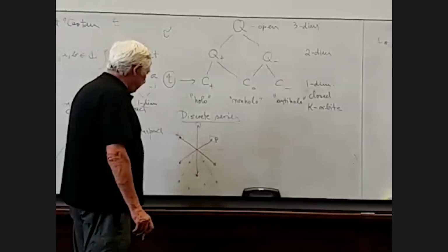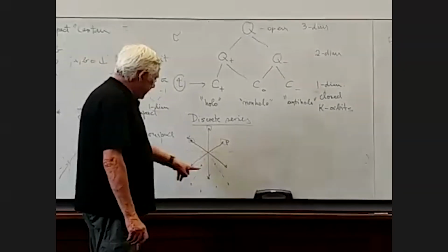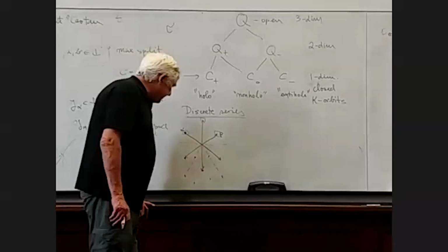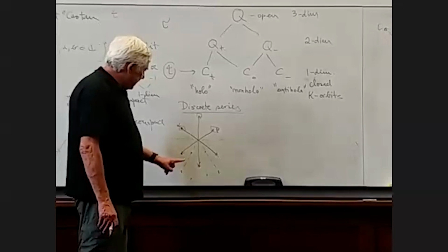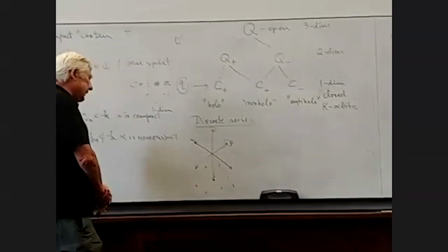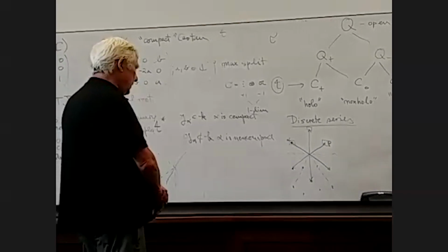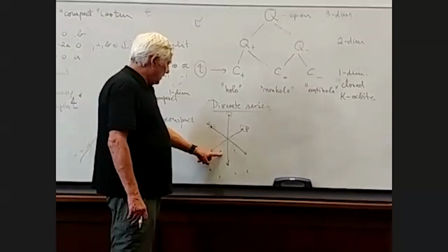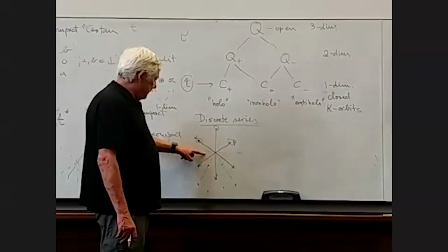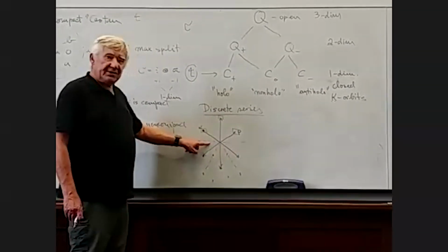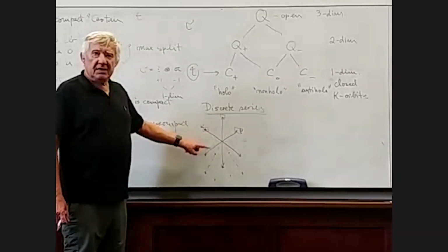So you get that these representations are square integrable. Let me point out that if I am in the wall, then the first reflection gets me here in this wall, and then the second reflection doesn't move me.